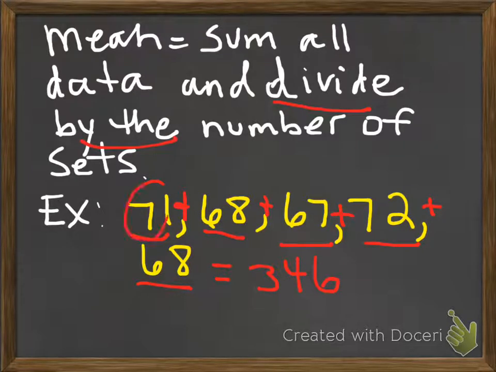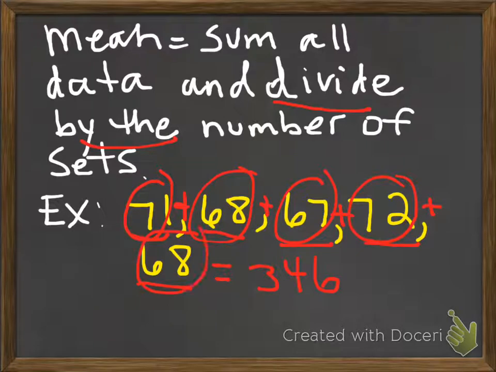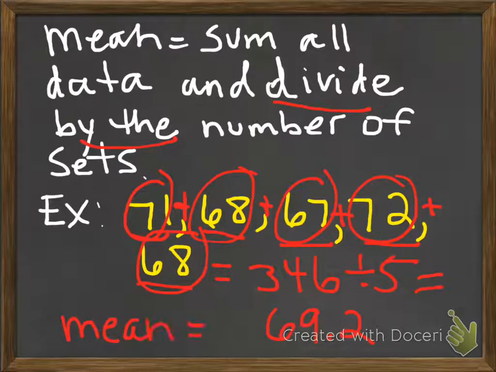We count 1, 2, 3, 4, 5 numbers. So we do 346 divided by 5, and we find it's 69.2. So that is your mean. That means on average, I'm getting 69.2.